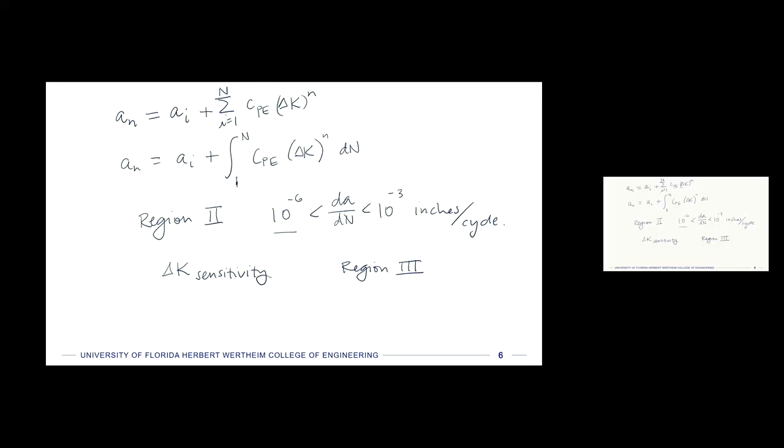There are also some standards for this, right? So how do you do this kind of testing in order to generate those curves in order to come up with these parameters like the C and the n, such that this can be used for prediction, right?